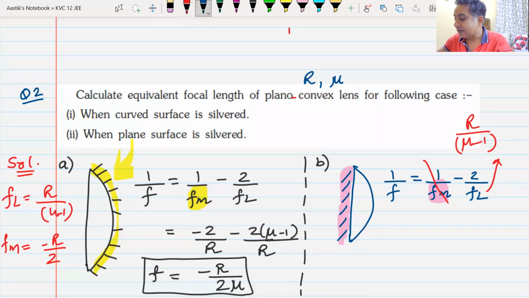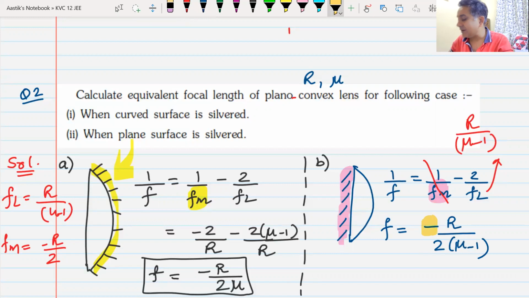You will get the focal length of this mirror as minus r upon 2 times mu minus 1, the minus sign indicating that it is behaving as a concave mirror. Do we understand this? Yes, sir.